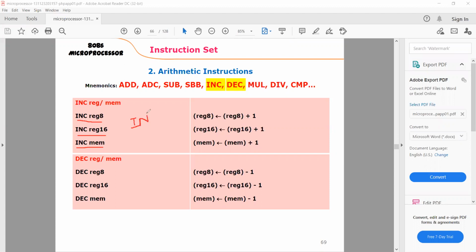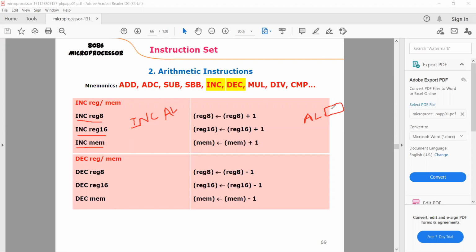INC AL. It is not DL, it is AL. So what does this tell us? That means the AL register is containing some data.